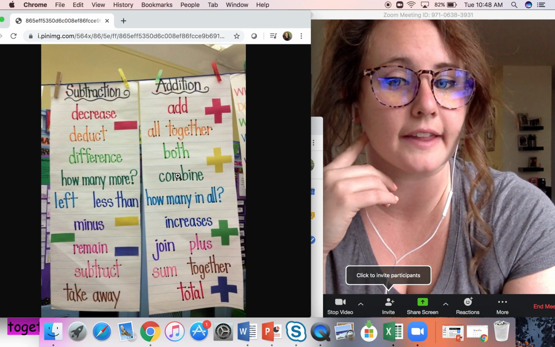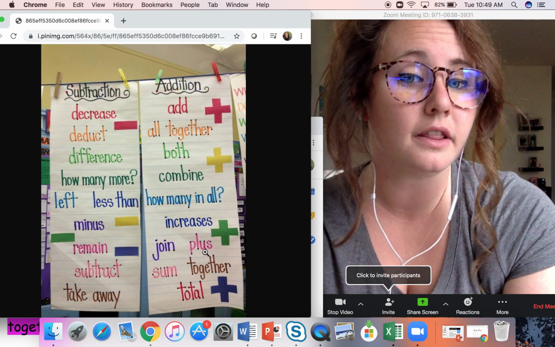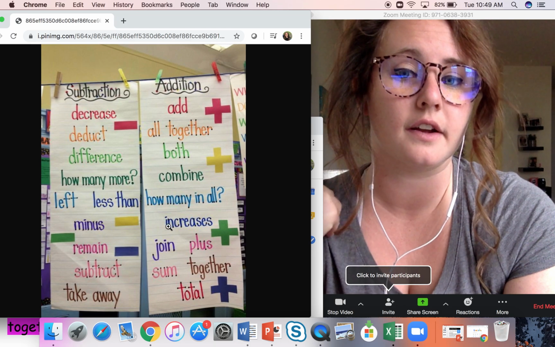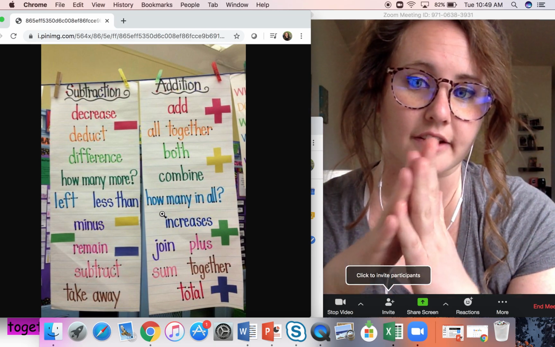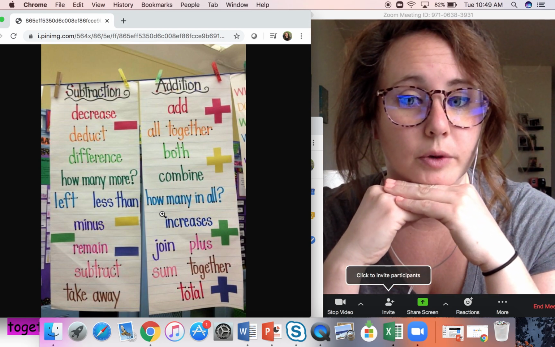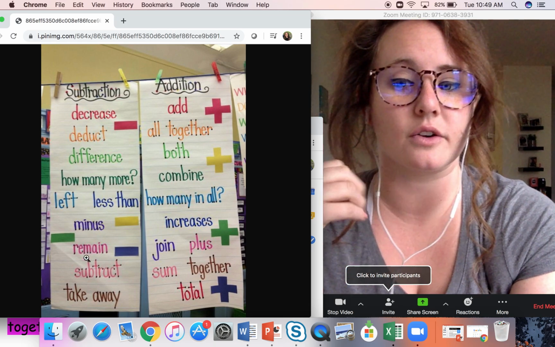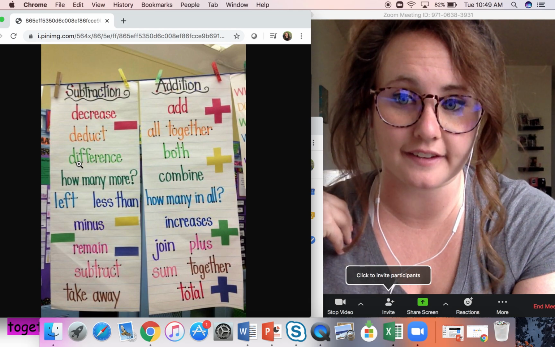We are combining them. We are putting things together. We can even look for the word plus, since we know that's an addition word. How many in all could tell us stick your things together? If we're subtracting, we could look for our buzzwords in our word problems like minus, or subtract, or take away, or what is the difference.